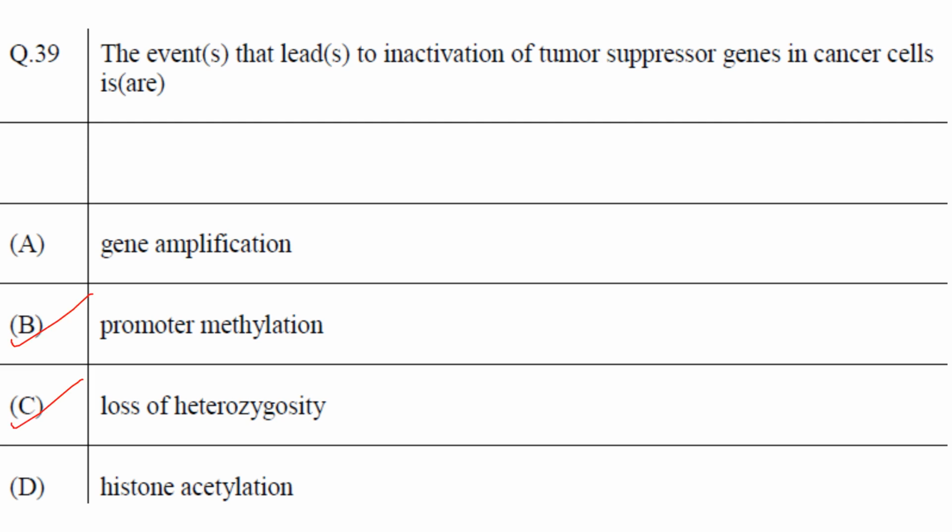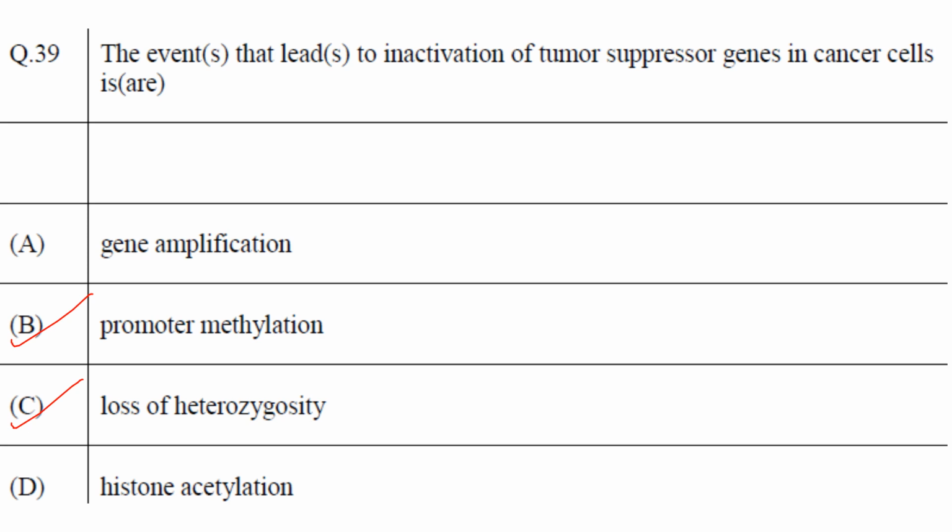Now you receive one gene from the male parent and the other from the female parent. Now suppose the gene that you received from the father is mutated or deleted, and the allele of this gene that you received from the mother is also non-functional, then the tumor suppressing function will be lost.